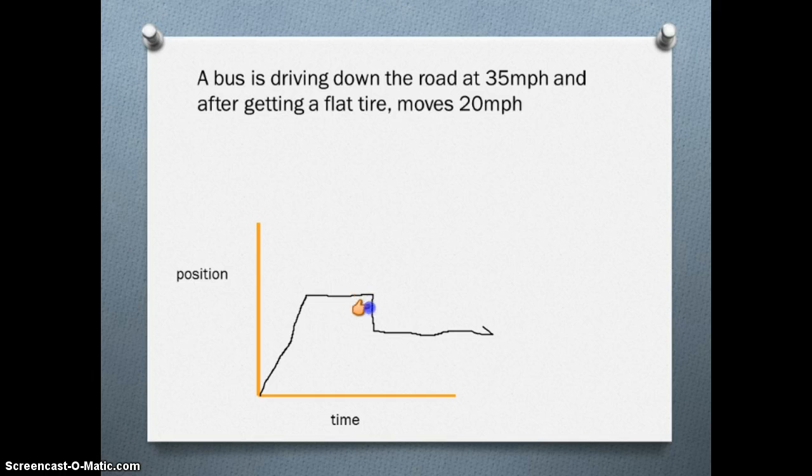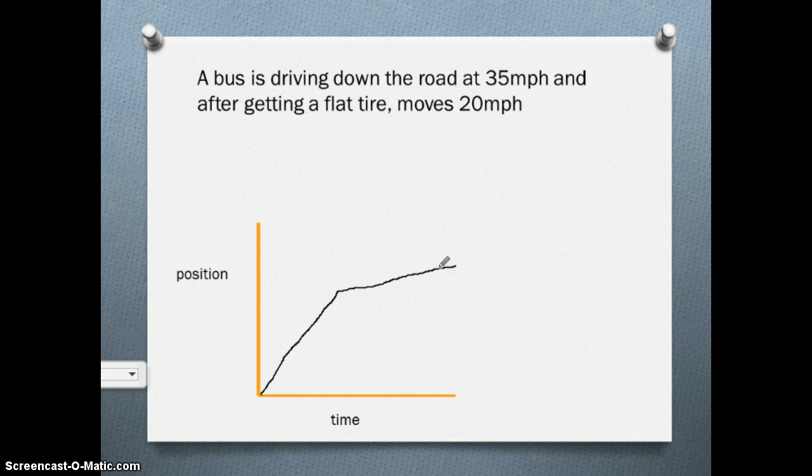It stops in here, pausing, but then it'll go again at that rate of 20 miles per hour. So your graph could look something similar to this, or another way to draw it could be, like I showed the other one, like this.